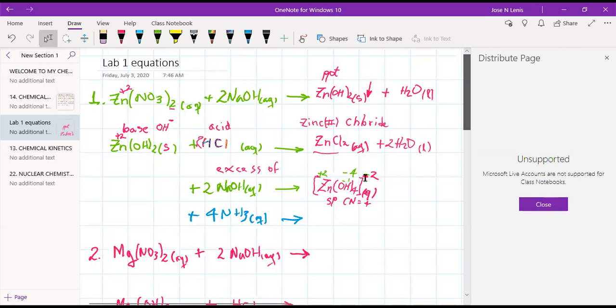Now, since the whole ion has -2 charge, we need to balance that with the spectator ions. So it makes sense if we write here Na2. This is plus, 2 plus, plus times 2 is 2 plus. That balances out the negative charge. So it is electrically neutral.